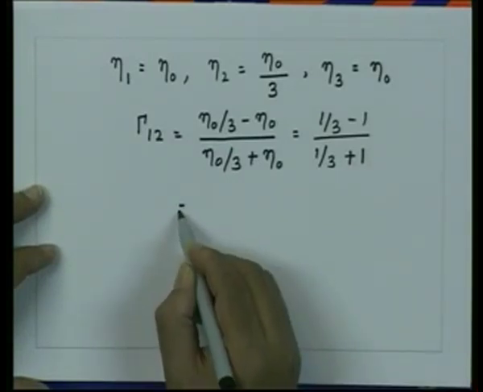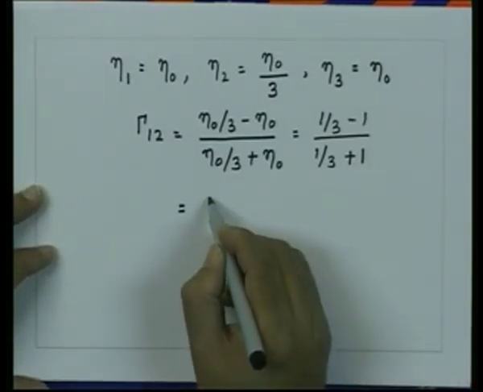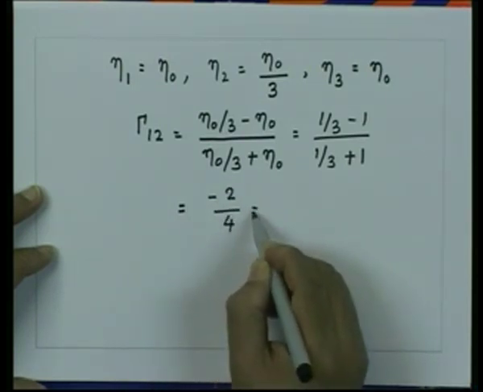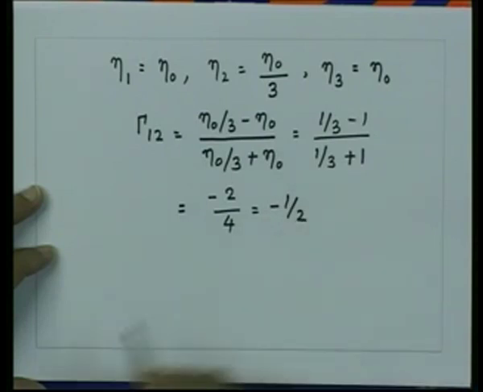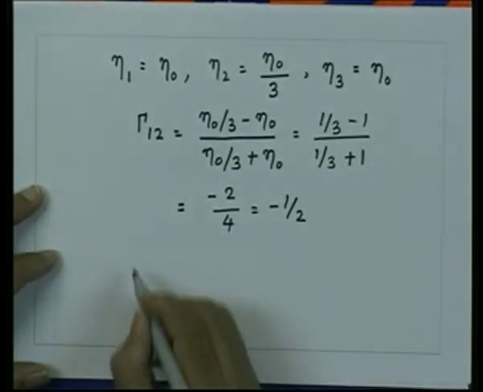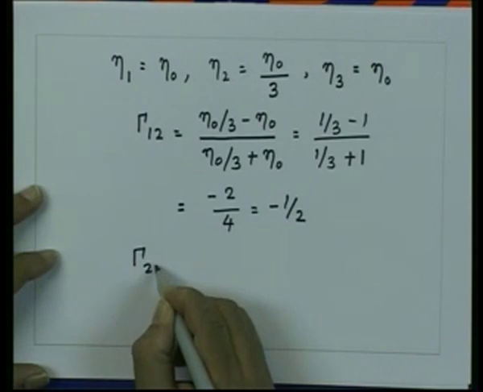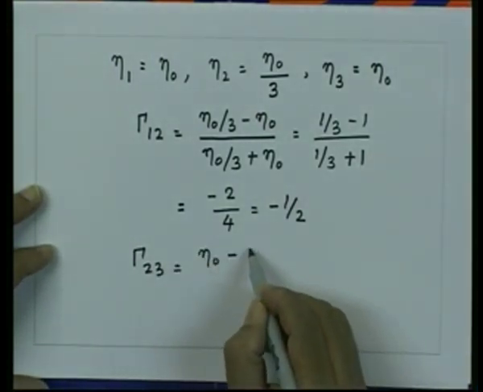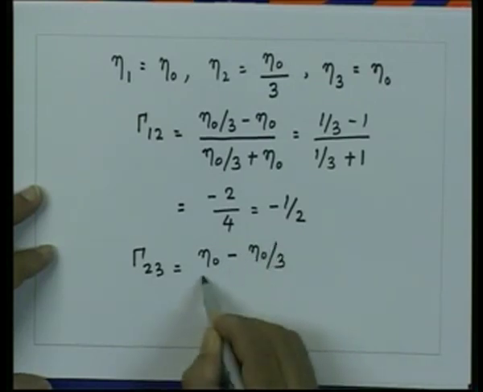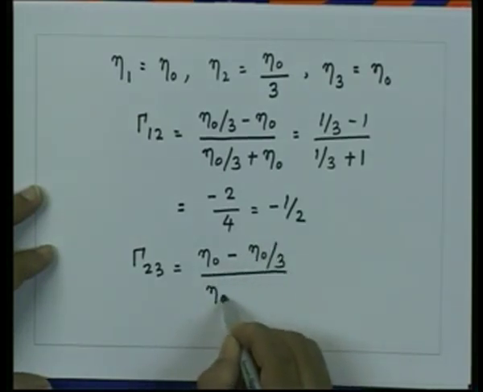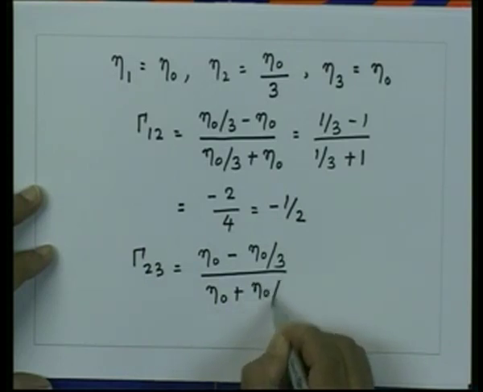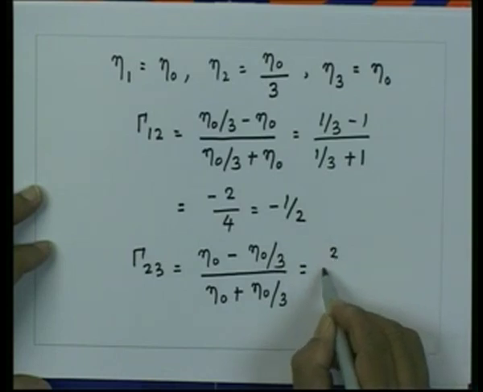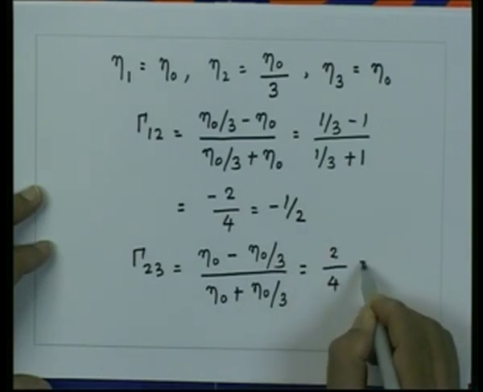So, that will be equal to minus 2 upon 4, which is equal to minus 1 upon 2, and gamma 2 3 will be eta 0 minus eta 0 upon 3 upon eta 0 plus eta 0 upon 3. So, that will be equal to 2 upon 4, which is equal to 1 upon 2.